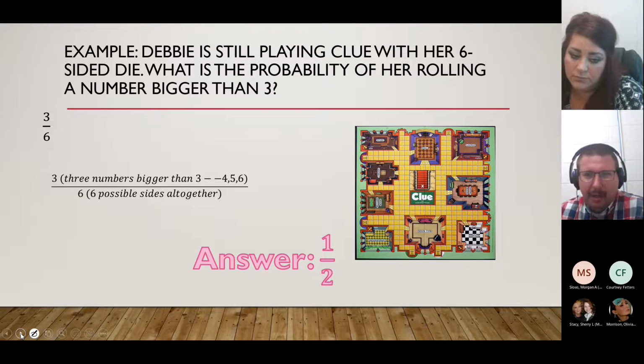What's the probability of the offspring being heterozygous? What's the probability of it being homozygous? So it all comes back. Now, here's a good example of probability.